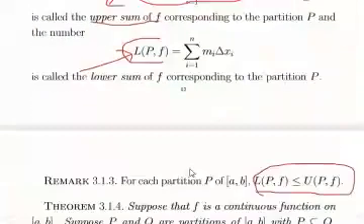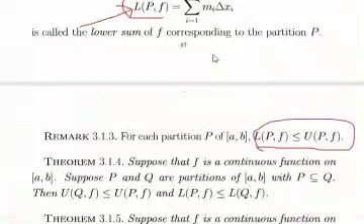I think this is clear to you, right? And the other thing is that the upper sum is always bigger than the lower sum. That is very important. I think this is trivial, right? And if you consider two partitions, P and Q, where Q has more points than P, that is, P is a subset of Q, what happens to the lower sums and upper sums?